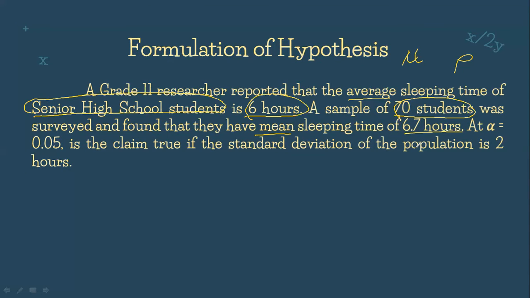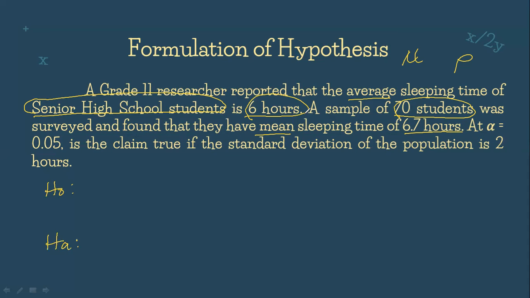Now, my dear students, I want you to ask yourselves, which is bigger? Is it the senior high school students or just the 70 students? As you can see, the senior high school students are bigger. Therefore, our null and alternative hypotheses are about the 6 hours. So we can have H0 and Ha about this.